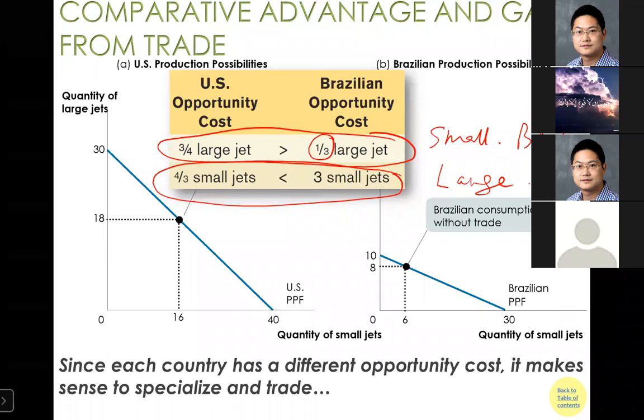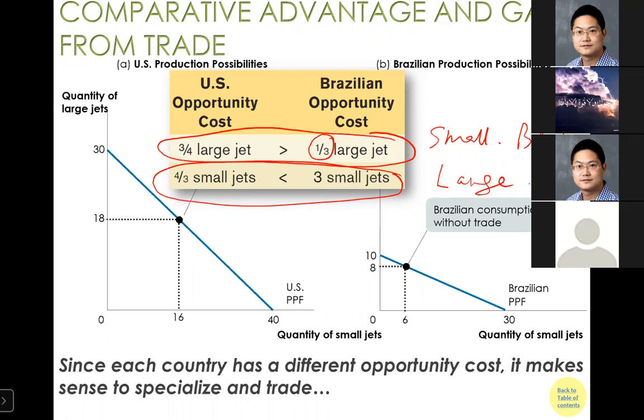All right, so let's come back to our discussion. So where we are. In the first part of today's discussion, we looked at each individual country's production possibility frontier and found out their opportunity cost of producing each individual good. Then we compare their opportunity costs, and typically they are different. The difference in opportunity cost gives rise to the notion of comparative advantage.